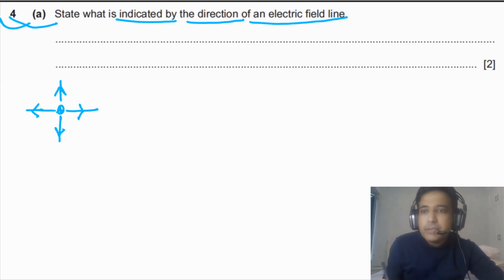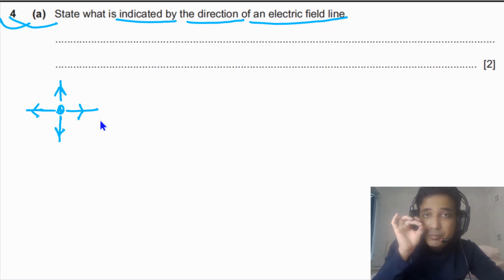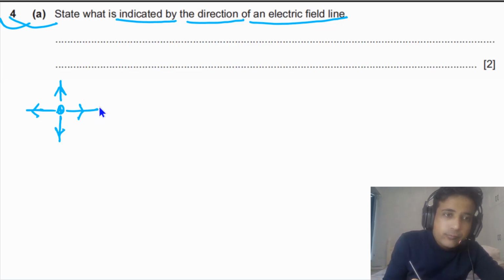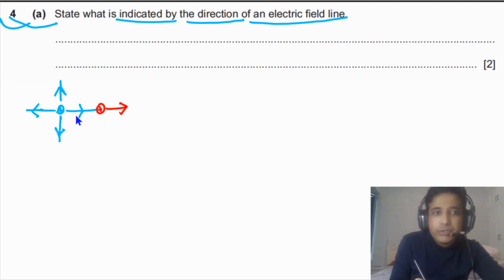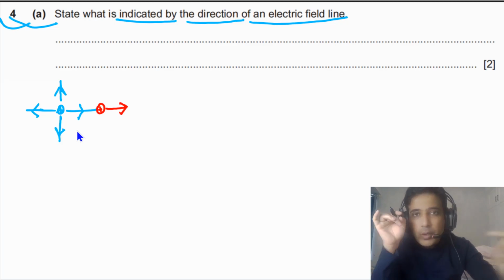The reason is that these lines are telling us the direction of force on a positive point charge. If we imagine a positive point charge placed at this point, it will experience a force away from this positive source charge. So these lines are simply telling us that if you place a positive charge in the electric field of a positive point charge, there will be a force on the positive test charge away from the positive point charge.